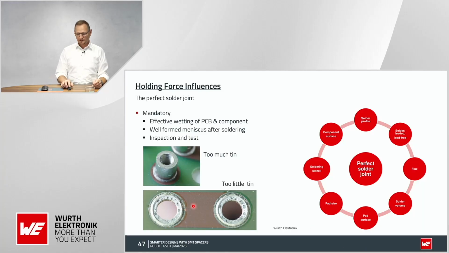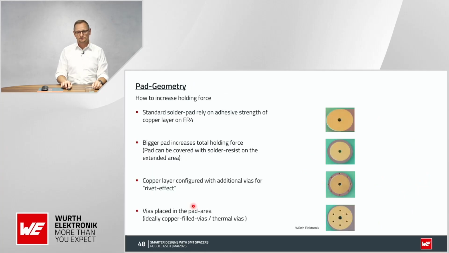And of course, you have to take care about the best solution. Here's some more about the pad geometry if you want to have a better fixing, because the first thing that breaks if you want to break off such a spacer is the pad, and the pad can be fixed with internal holes and vias.